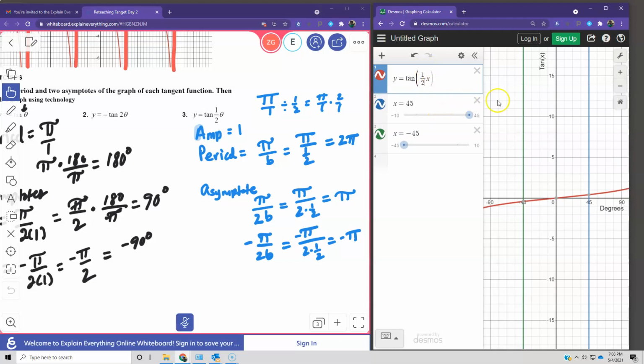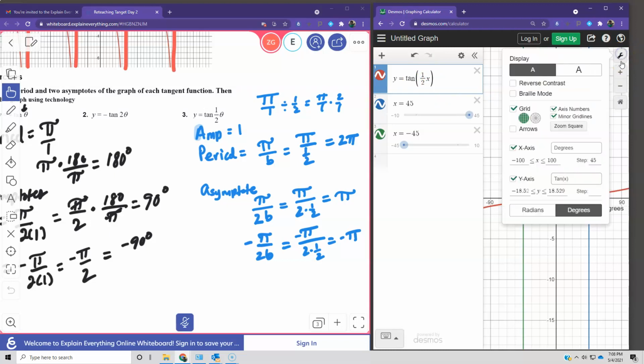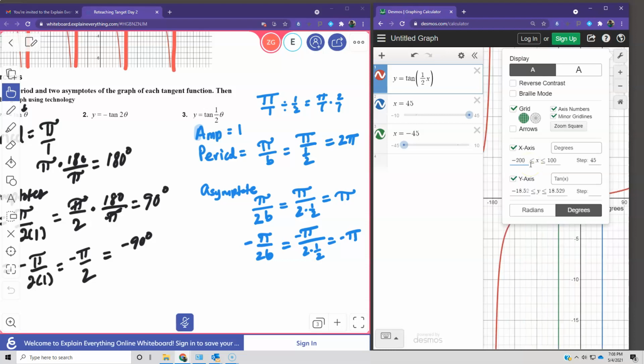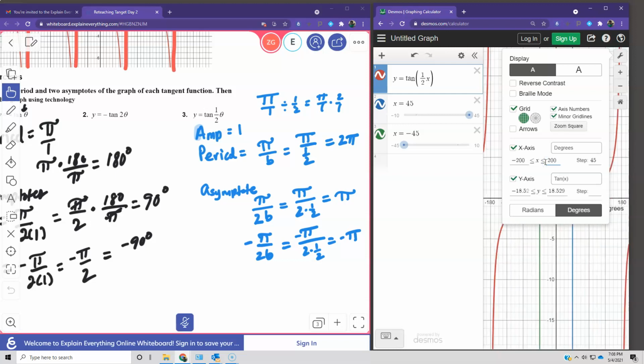Now, since our period is longer, I'm going to change the degrees here. We know that it goes from pi, so it's 180. So I'm going to say negative 200 to 200 degrees. Okay.